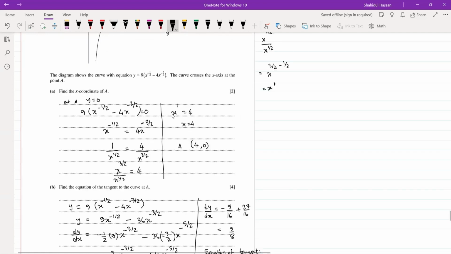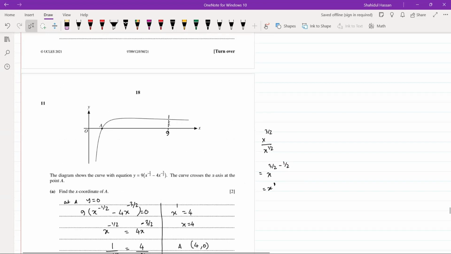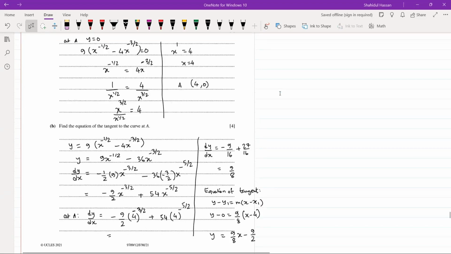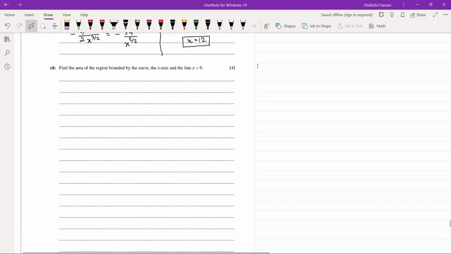In order to find this area, let's do one small thing. So let's say x equals 9 here.